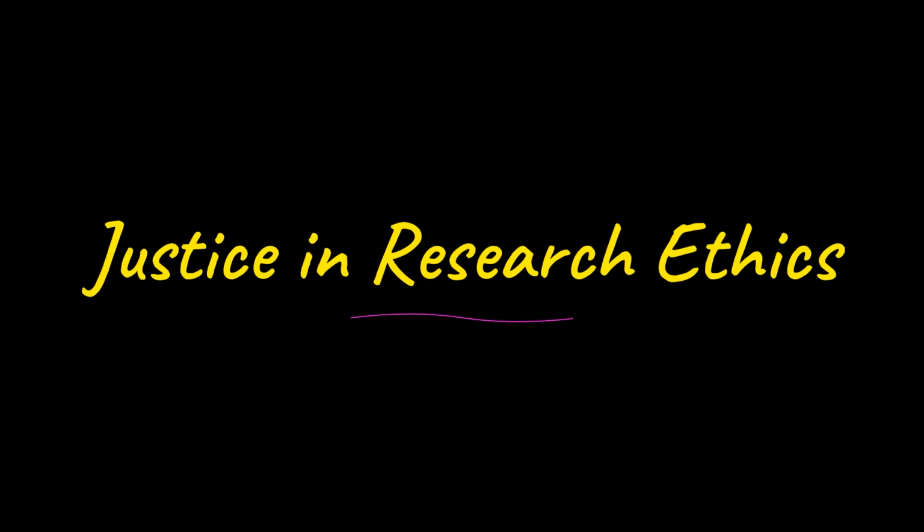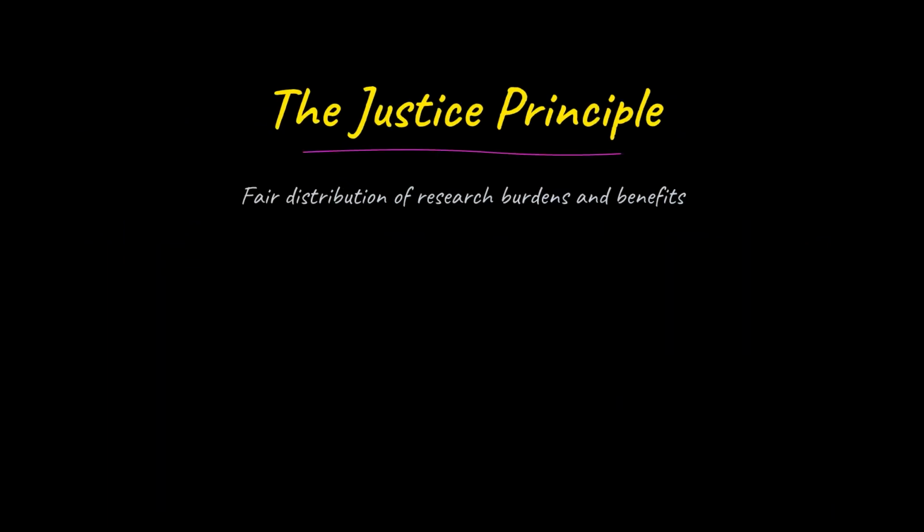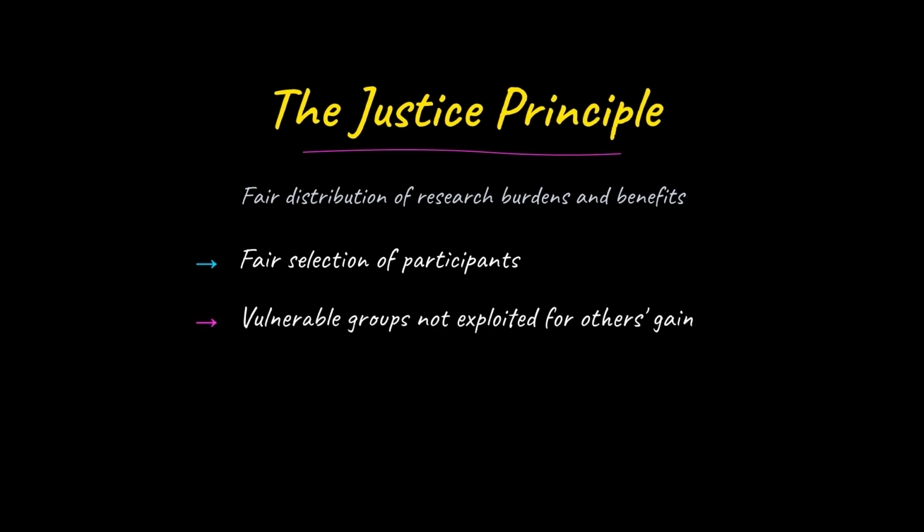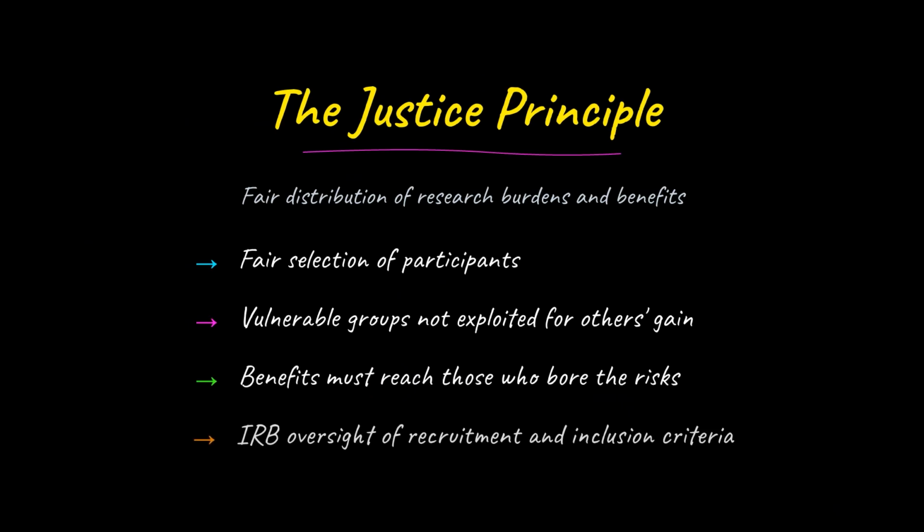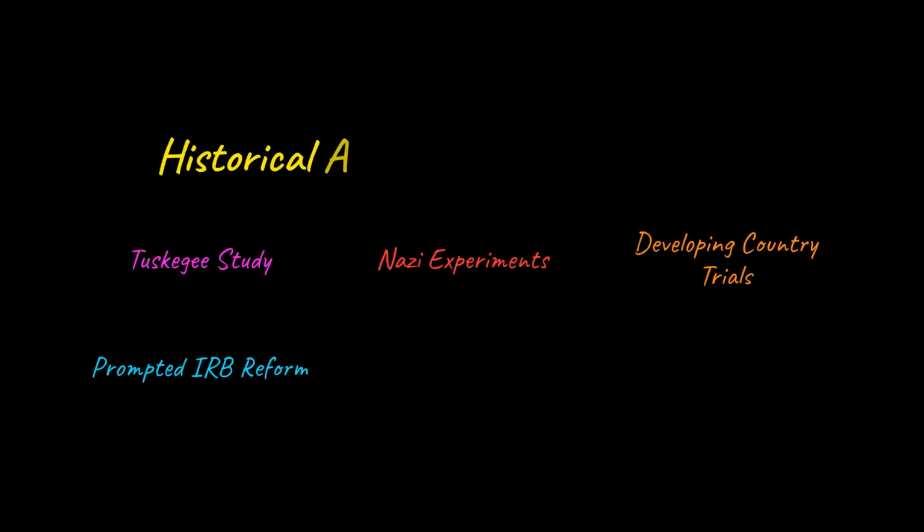receives its benefits. It operates on a different lens than the other ethical principles, looking at groups rather than individuals. Justice requires that no single community, especially a vulnerable one, shoulders the risks of research while a broader population enjoys the rewards. Institutional review boards operationalize this by scrutinizing who is recruited, how, and why.